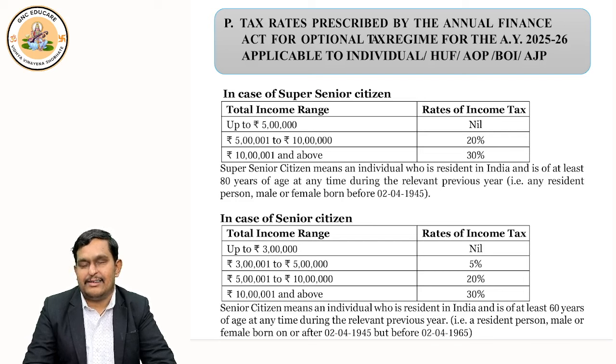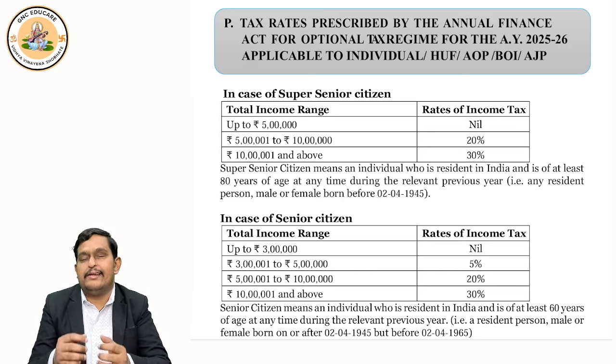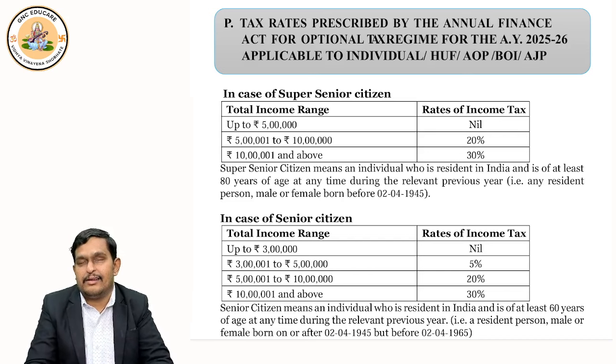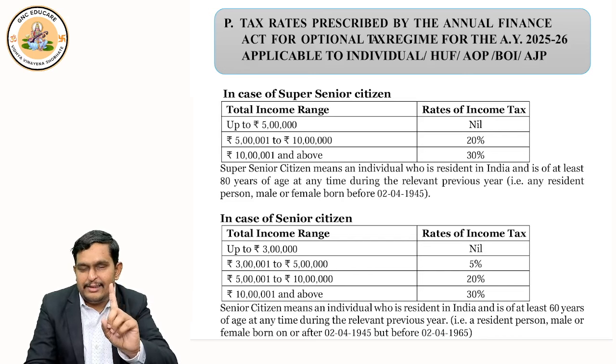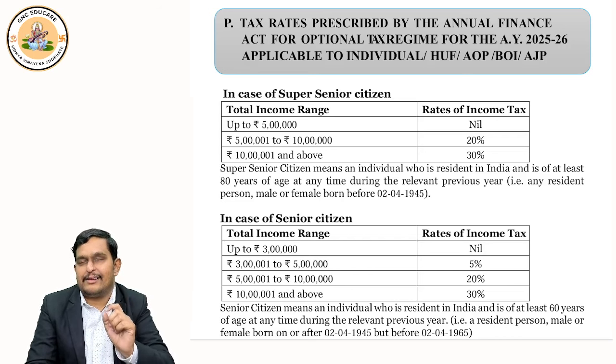Super senior citizen means a person whose age is above 80 years. Please remember, he should be resident, above 80 years, and an individual. If these three are okay, then the rates which I am telling should be applied.